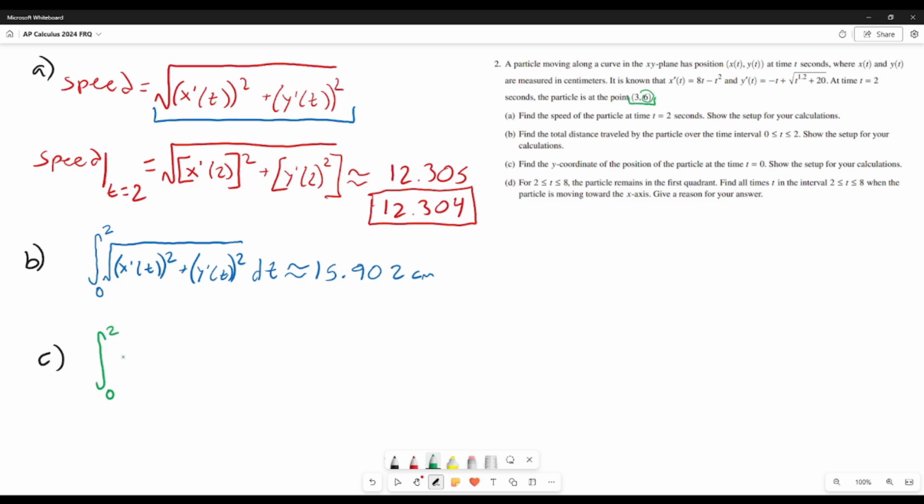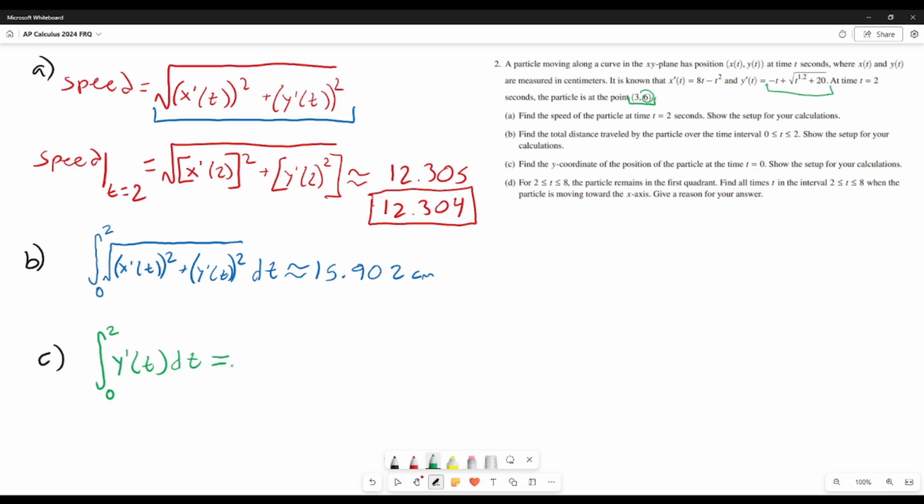We have the integral from 0 to 2 of y prime of t dt. Of course you can plug in the whole function for y prime, but this will give you the same credit. Like we said yesterday, because it has been defined, you can simply put in y prime of t.